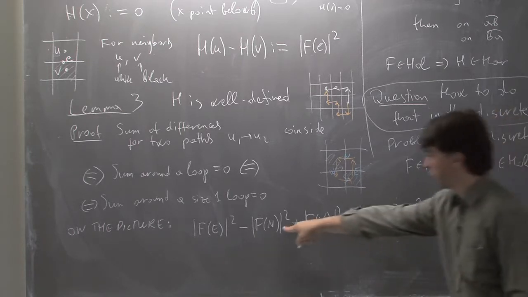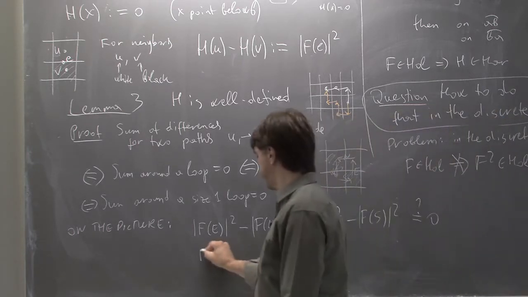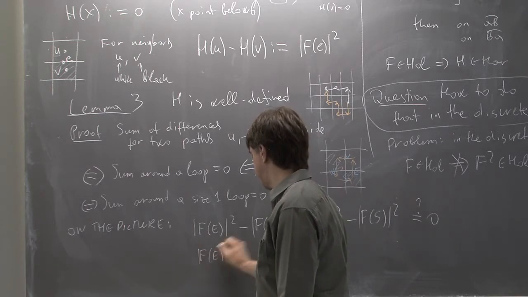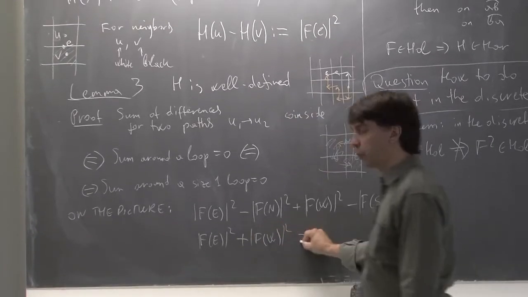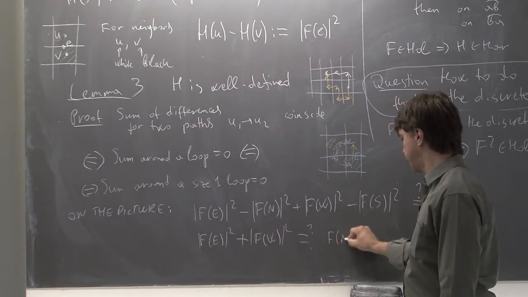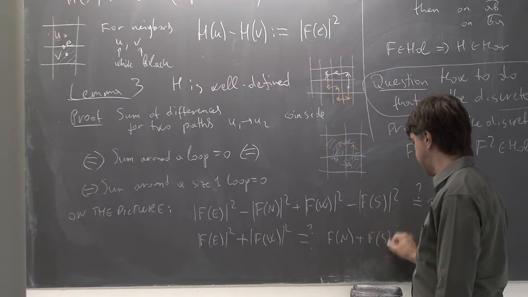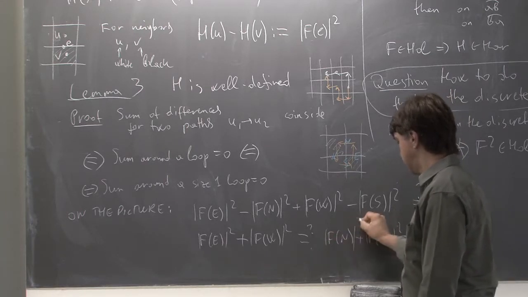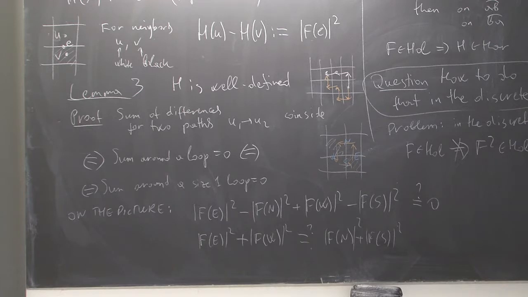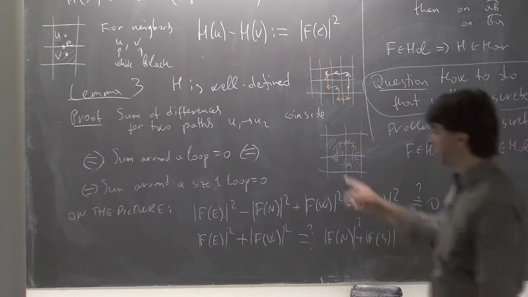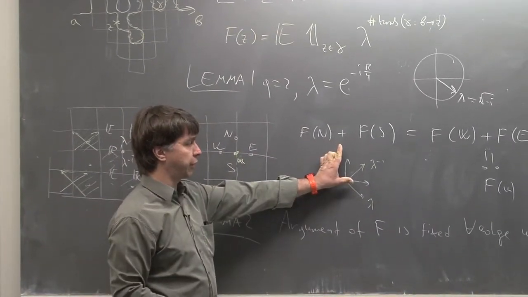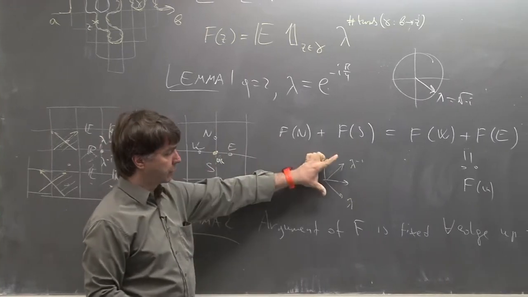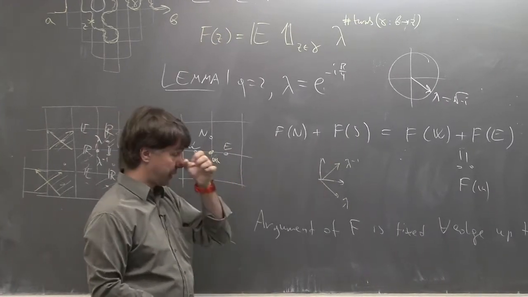Or if we put the two negative numbers to the right, the question is whether |f of east| squared plus |f of west| squared will give us |f of north| squared plus |f of south| squared. That essentially is the Pythagoras theorem, because what we know about these points is that west and east are a decomposition of a vector in a basis of 1 and i, and north and south in lambda and lambda inverse.